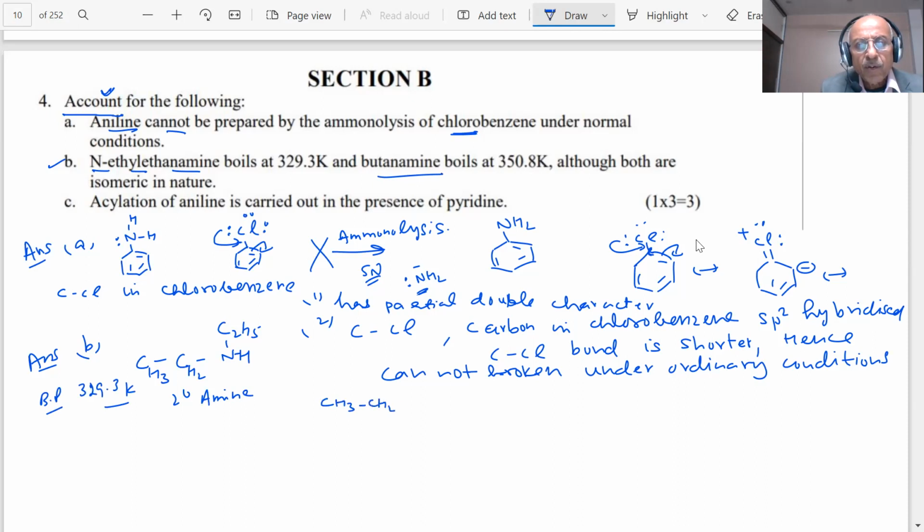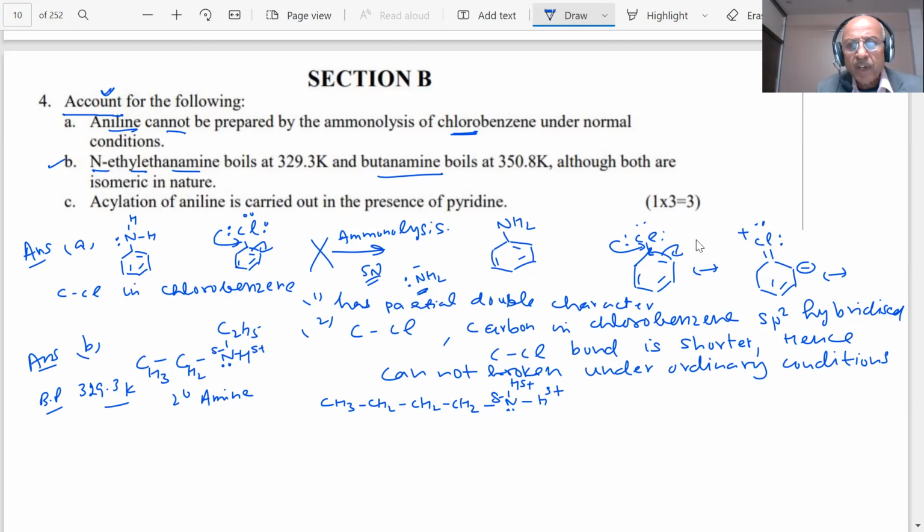CH3CH2CH2CH2, 4 carbons, butan, and you have NH2, students. Here you have a lone pair of electrons. Nitrogen is electronegative, so negative; hydrogens are positive. You know that when hydrogen is attached to a highly electronegative element like nitrogen, oxygen, or fluorine, it can form intermolecular hydrogen bonds. Butanamine is a primary amine.